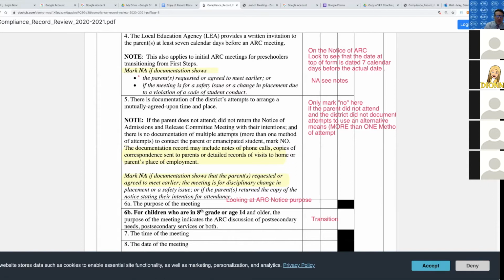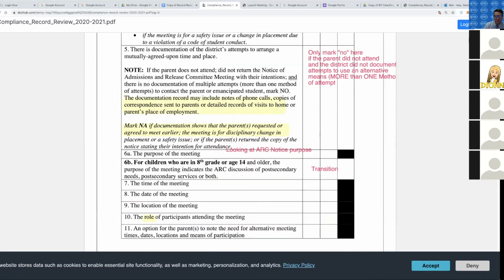And we're also looking if the parents are not responding, the parents did not attend. If the parents did not attend, we look to that notice and see if there is documentation from the district that they made multiple attempts to get the student's parents to the table for the meeting. So that's kind of straightforward there.